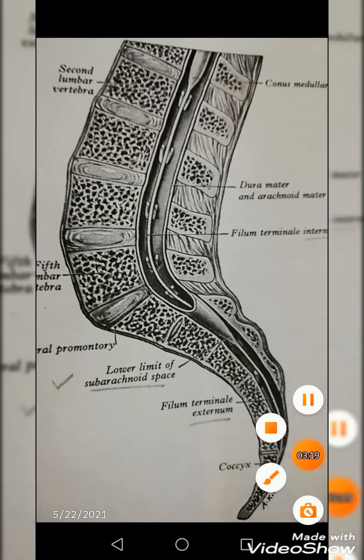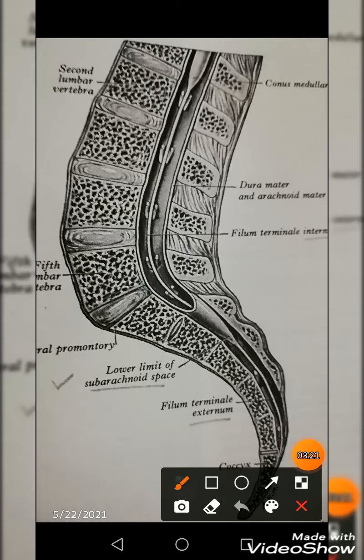Now in this picture again you can see the filum terminale that is almost 20 centimeters long, and this upper part is the filum terminale internum that consists of 15 centimeters, right? And it continues within the extension of dura mater and arachnoid mater. It has to reach up to the S2 sacral vertebra, right?